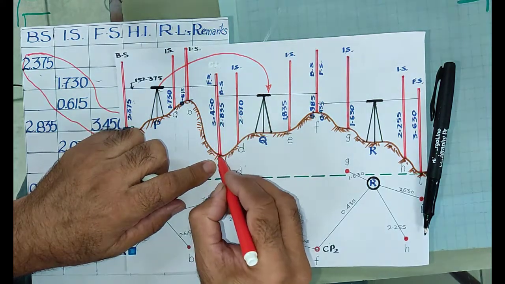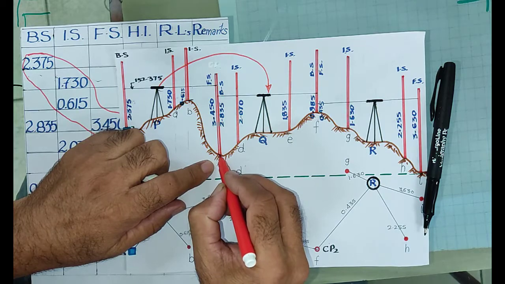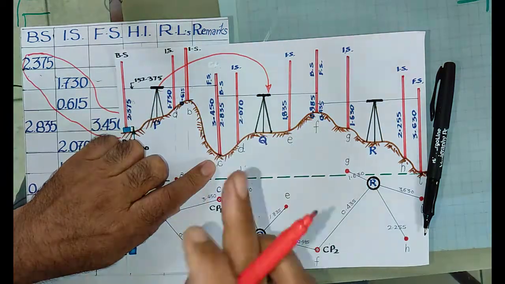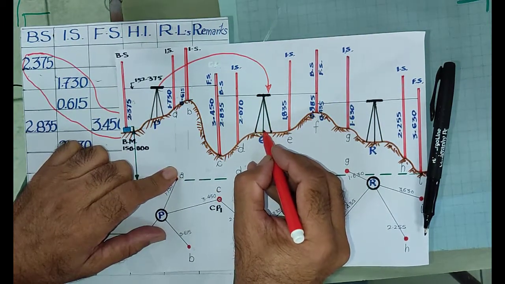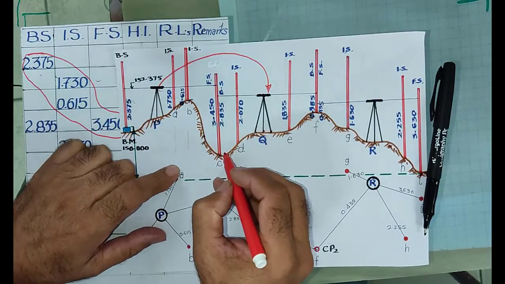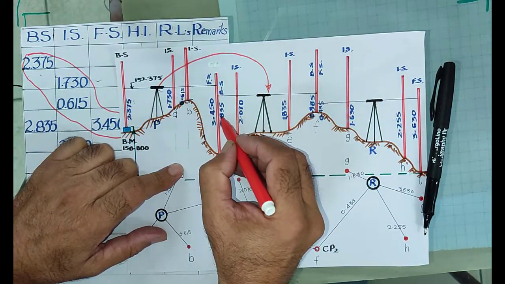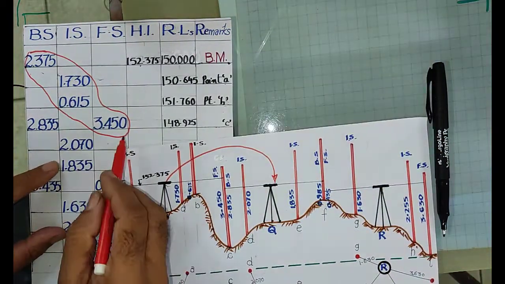Now on this point I have taken two readings. The staff man will not move from this station point C because I have to continue the leveling. Now this is my new setting at station point Q. So the first reading I recorded as 2.835, as backside.